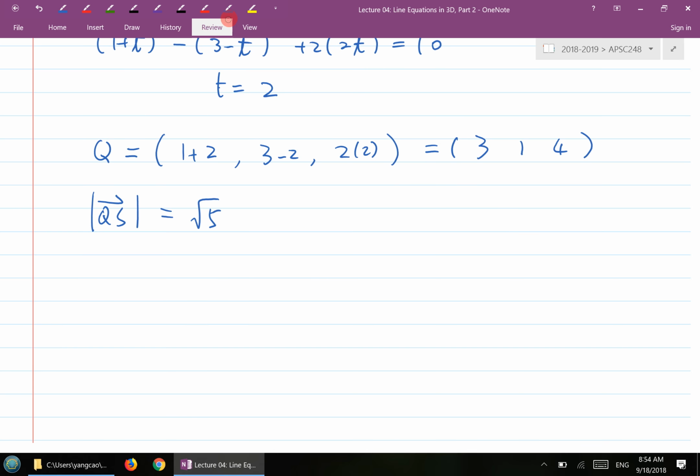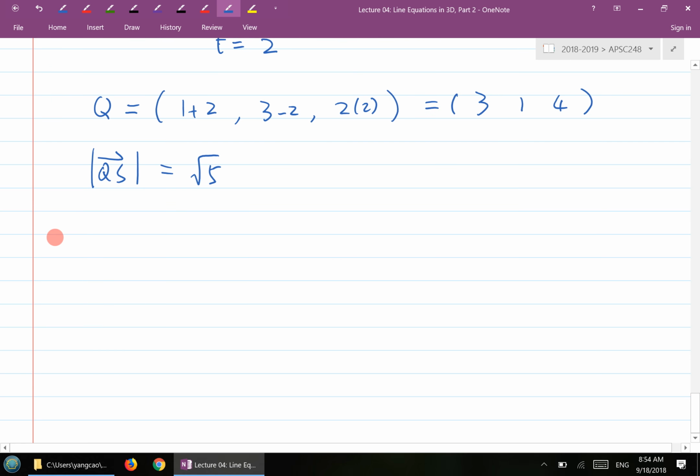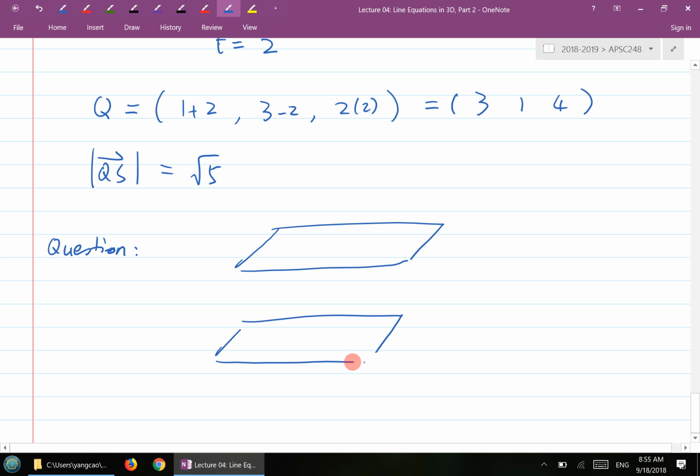Another type of question, which I won't have the time to solve here, but I want you to think about it on your own. You don't have to have a specific number, but just think about the approach that you can use to solve. Here's another typical question, not necessarily related to lines now. We're often mixing lines and planes together.